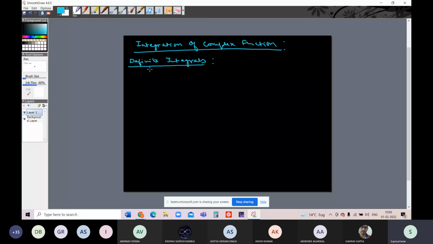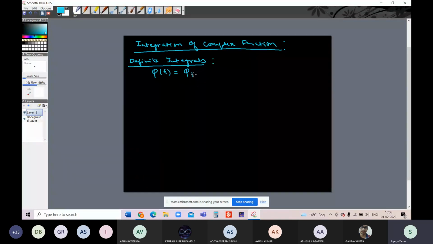Suppose that we have a function phi t. This is the function from real domain to complex plane. Because it is a complex valued function and t is a real variable, this function will be mapped in the C plane.